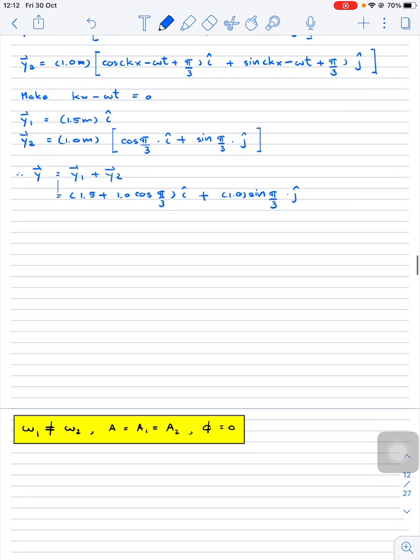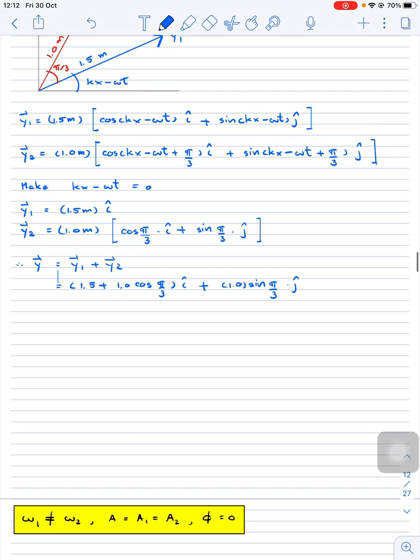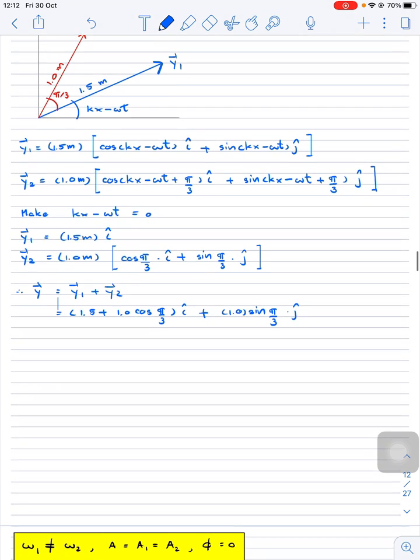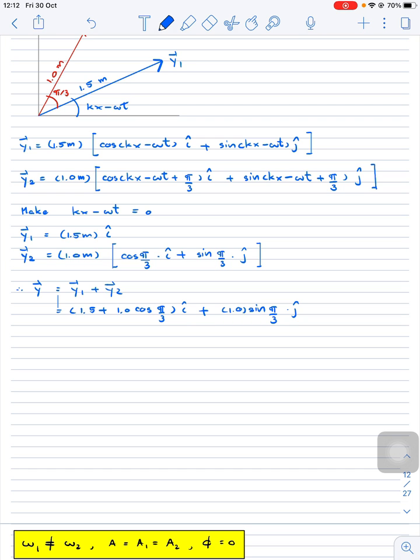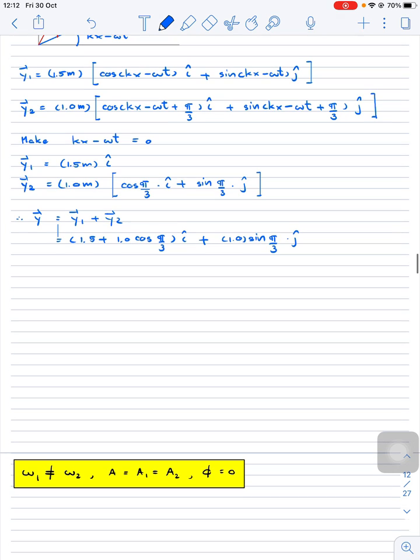Then the cosine of 60 degrees equals 0.5.